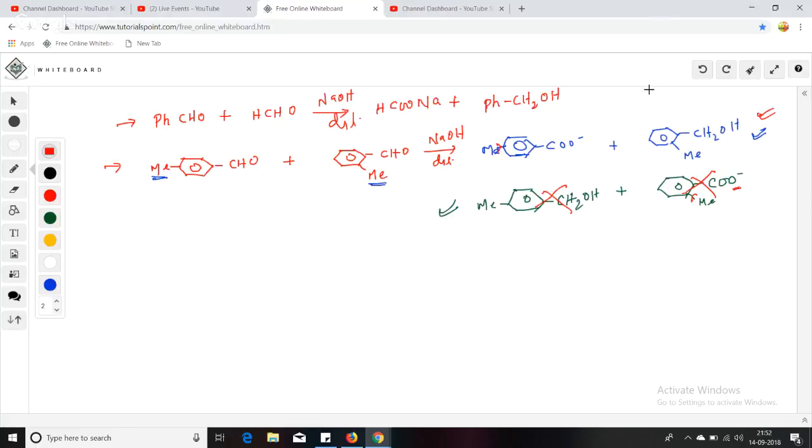On the basis of this only, one more example if you take: we have a benzene ring with CHO, here we have Cl, plus benzene ring with CHO, here we have Cl, with dilute NaOH.